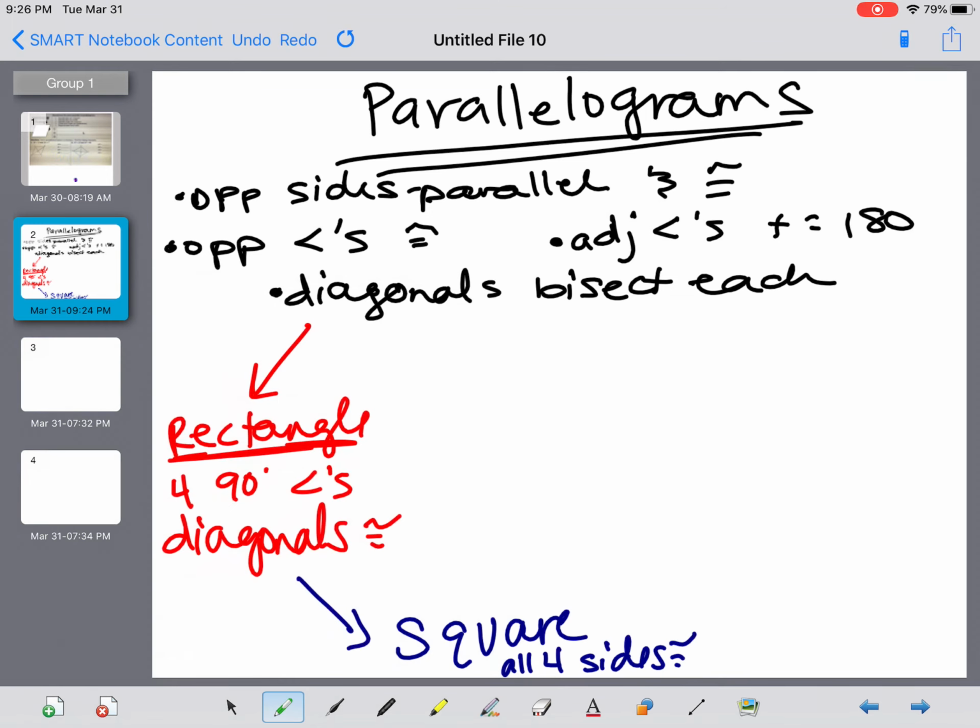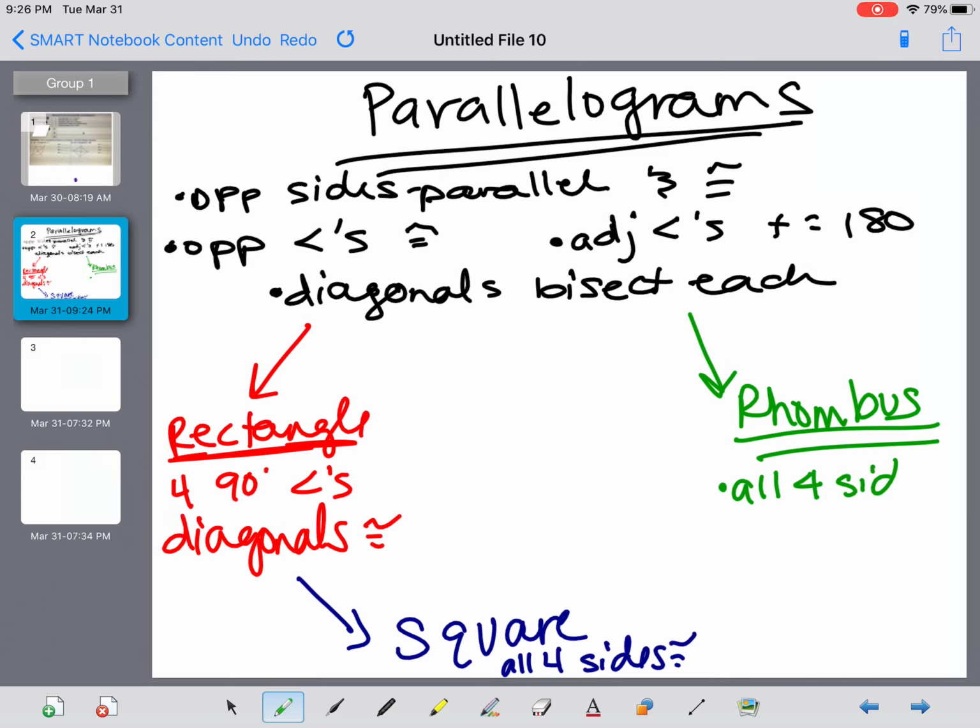All right, so now we're going to talk about a rhombus. A rhombus is a special kind of parallelogram, and the only thing that is new and interesting about it is that all 4 sides are congruent.